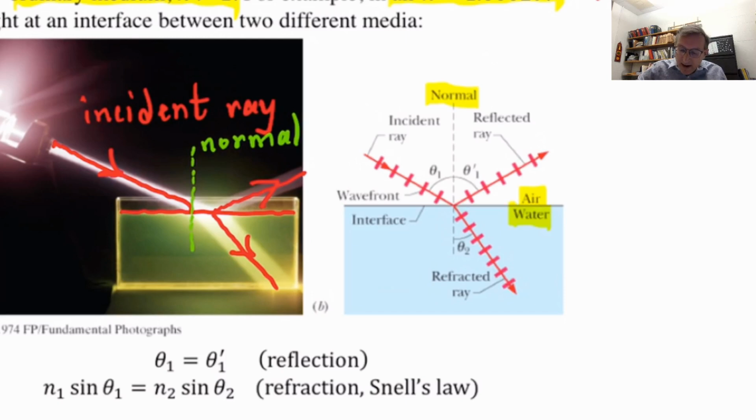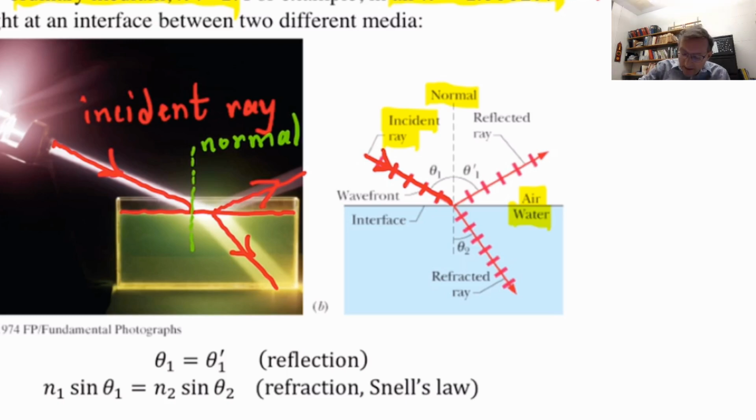Here's the incident ray coming in right along here, showing the direction the wave is traveling towards the interface. These little tick marks perpendicular to the incident ray represent wave fronts. You can think of those as planes, or representations of planes. And in those planes, the electric and magnetic field vectors are doing their oscillating. So these planes, these wave fronts, are going this way and in and out of the screen.